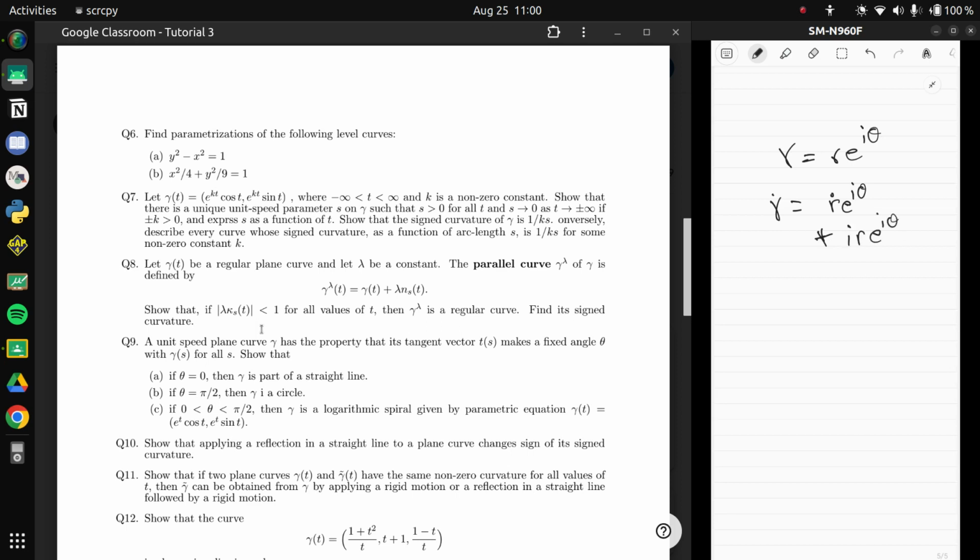Sure. What we want is the tangent vector. So the tangent vector is just like gamma dot upon the magnitude of gamma dot. So it will be like r dot plus i r times e power i theta upon the magnitude. That e power i theta doesn't really matter. It's just like square root of r dot square plus r square, it seems.